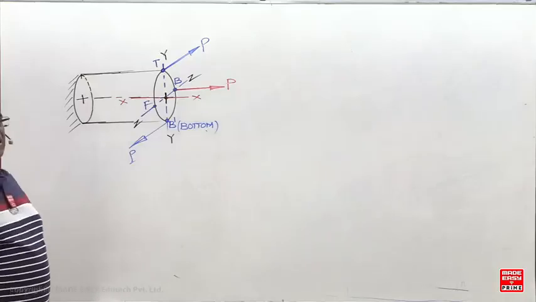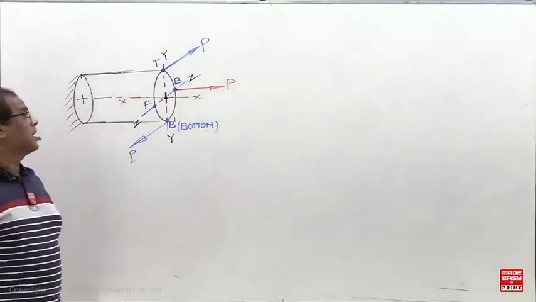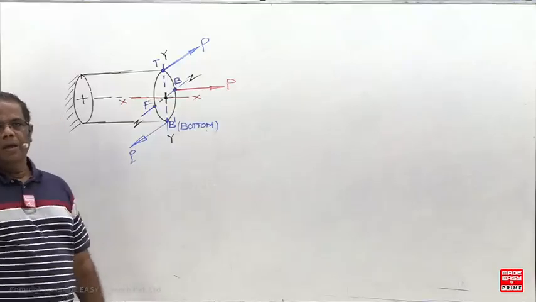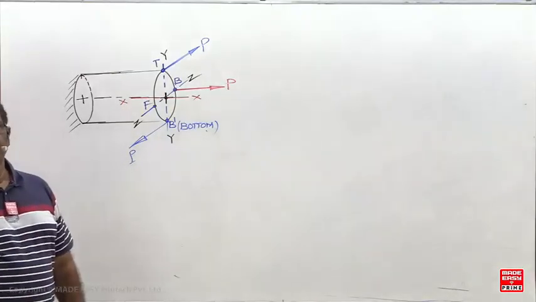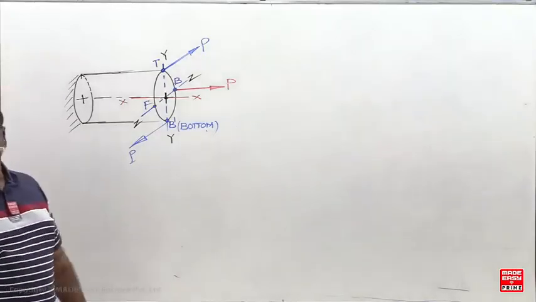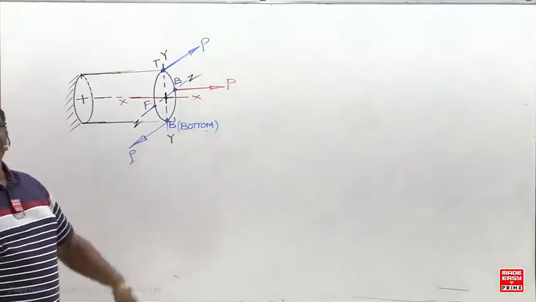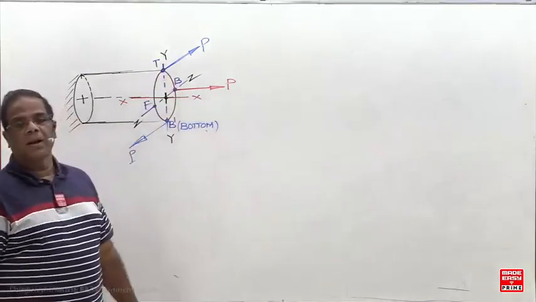Now, can anybody tell which one is the critical point in this case? If you ask for the principal stress, at which point do you have to do it? It is equal to how many loads now? One eccentric axial tensile load and one twisting couple.